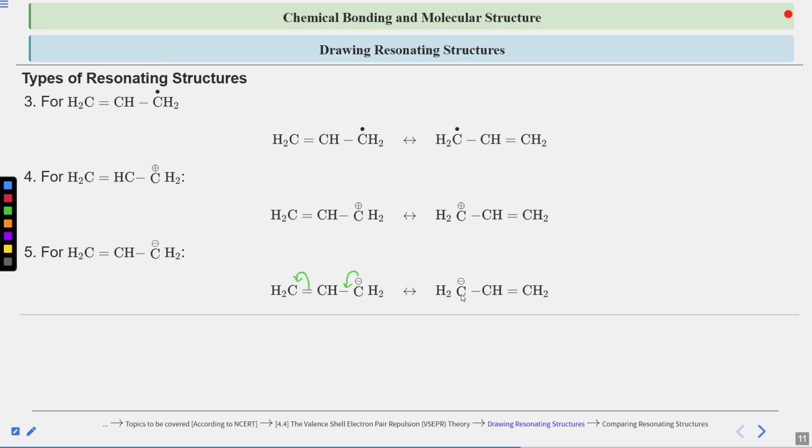So with this, we have understood how to draw the resonating structures for different types of fragments. Now I will use all of this to do some examples of organic species where the resonating structures are shown. So let us try them.